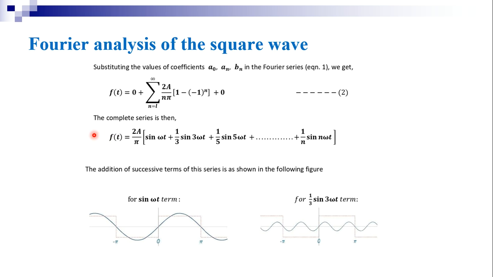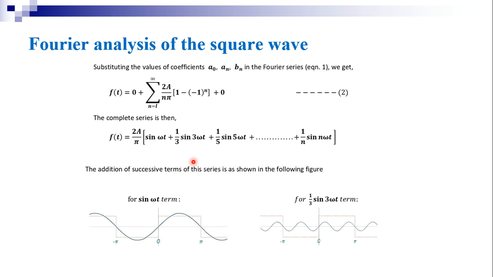Then the complete series will be f of t is equal to 2a by pi into sin omega t plus 1 by 3 sin 3 omega t plus 1 by 5 sin 5 omega t plus etc., 1 by n sin n omega t.